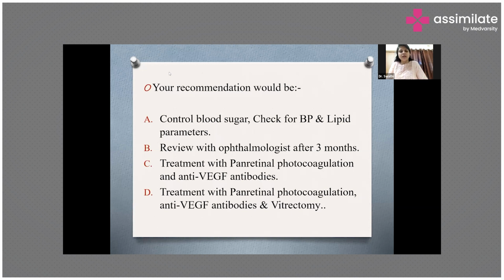Depending on what the patient has been diagnosed with, we have to set the line of management accordingly. If the patient has mild non-proliferative diabetic retinopathy, you will simply call the patient for regular follow-up after 6 to 12 months.